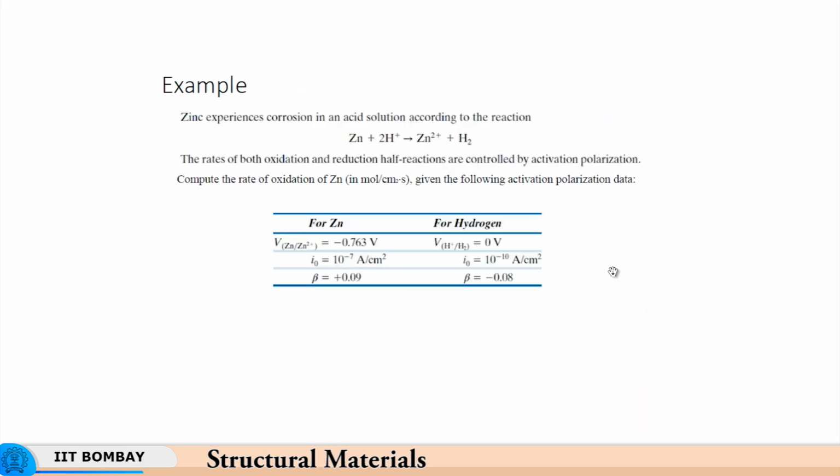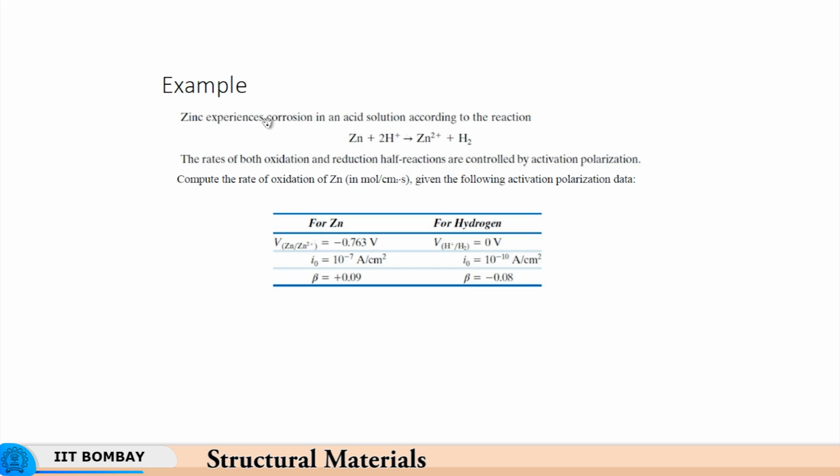Okay, now we need to calculate the rates of corrosion, and whenever we immerse a metal in a corrosive medium, the corrosion does not take place according to the equilibrium type of situation. Usually there is polarization taking place, and therefore there is always an overvoltage getting generated. So, the rate of corrosion is governed by the reaction of the metal with the corrosive medium.